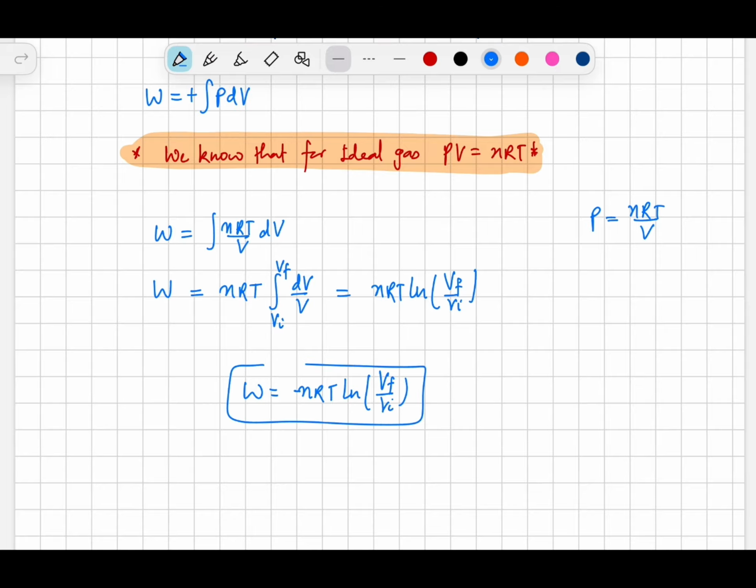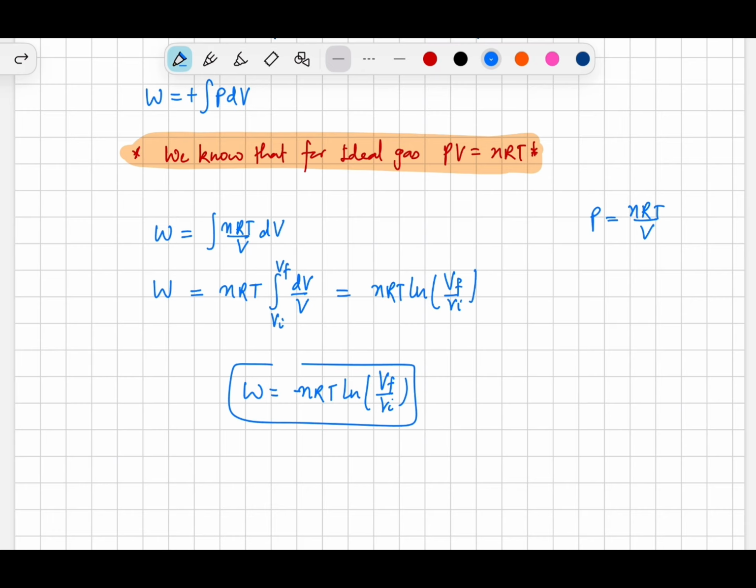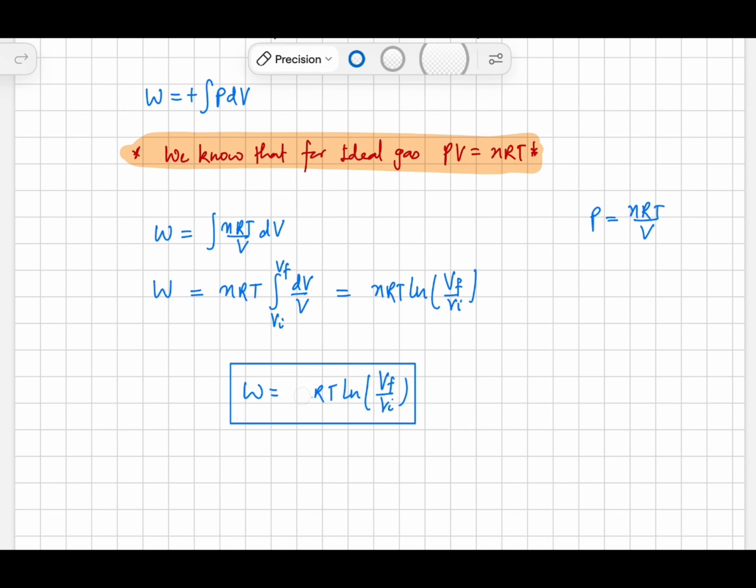But remember, again and again I'm emphasizing the same point, that this is the work done by only which kind of gas? Ideal gas. If the gas is changed, suppose the gas is some real gas, and we have some kinds of real gases too, maybe that can be in your syllabus or not, I am not sure.